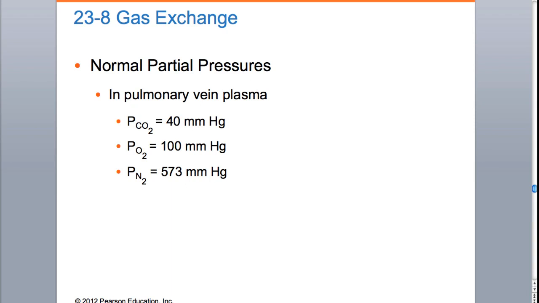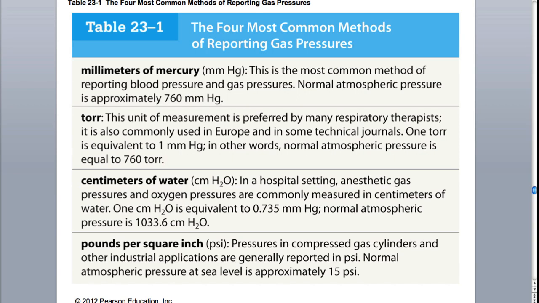Hence, once the oxygen gets into the alveoli, it'll then be able to be driven into the blood. So it's the pressure gradient that's actually driving the oxygen from the outside air into the lungs and then into your blood.